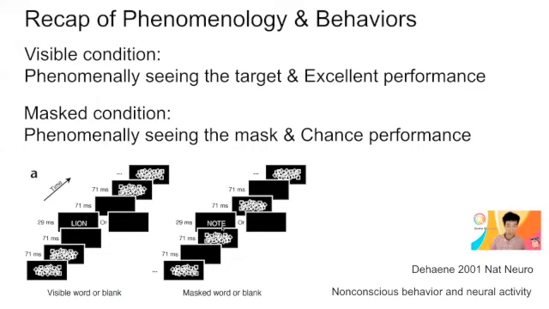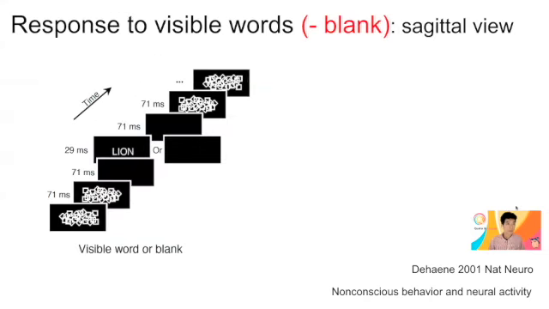I showed the demonstration with backward masking, but you can imagine something similar with forward and backward masking. Accordingly, performance-wise, we can't name the stimuli, and we also can't remember. Whether it was presented as a word like note or a different word like book, performance becomes completely chance, random.